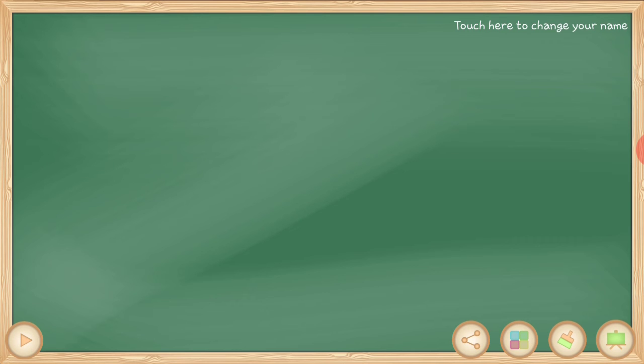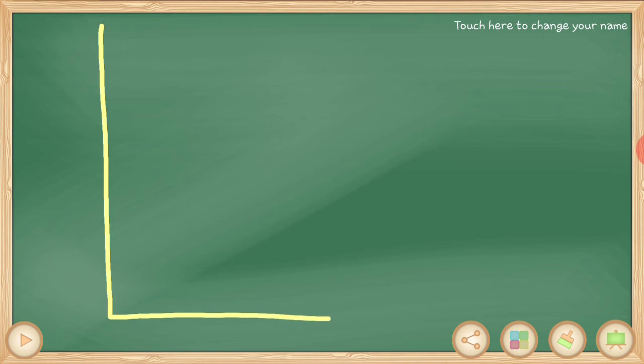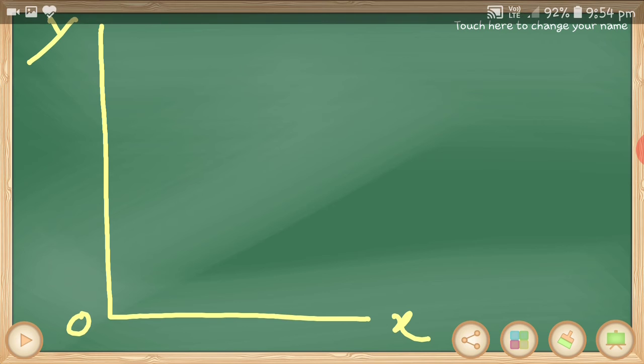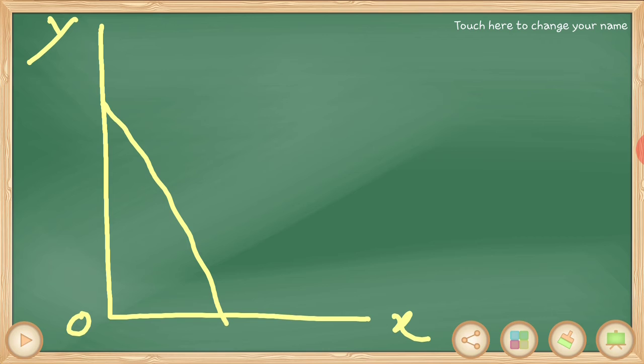I just want to show you the diagram, whatever we discussed in the previous sessions. Yes, my dear students, this is OX and this is OY. And this is the budget line, and throughout this budget line different combinations are there.